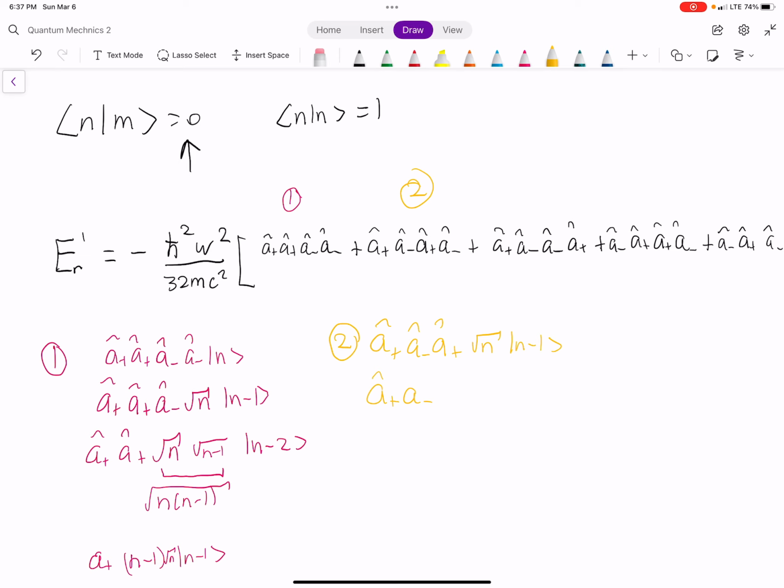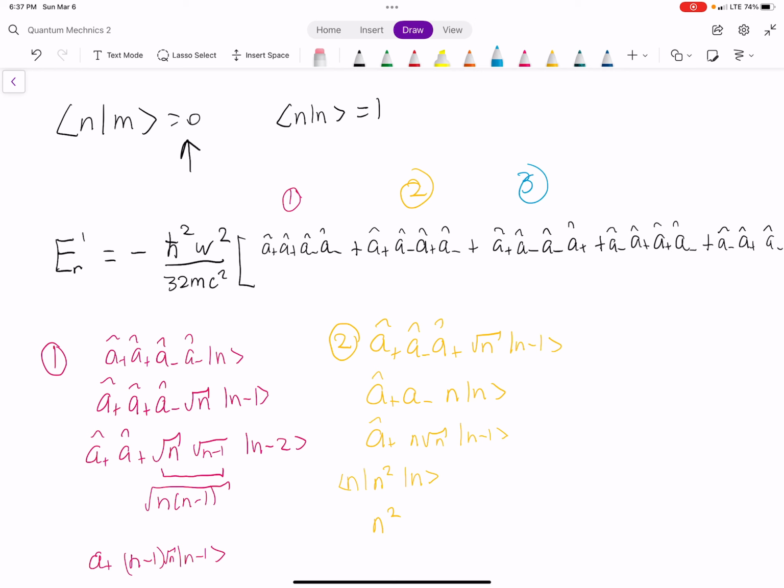And then the raising operator, that'll just get you n back. And then the lowering operator will get you n, square root of n. And then finally, n squared. So just n squared. Okay?